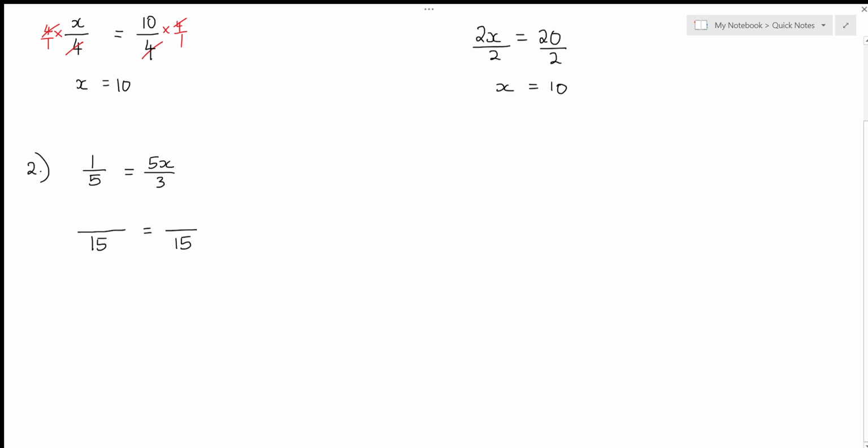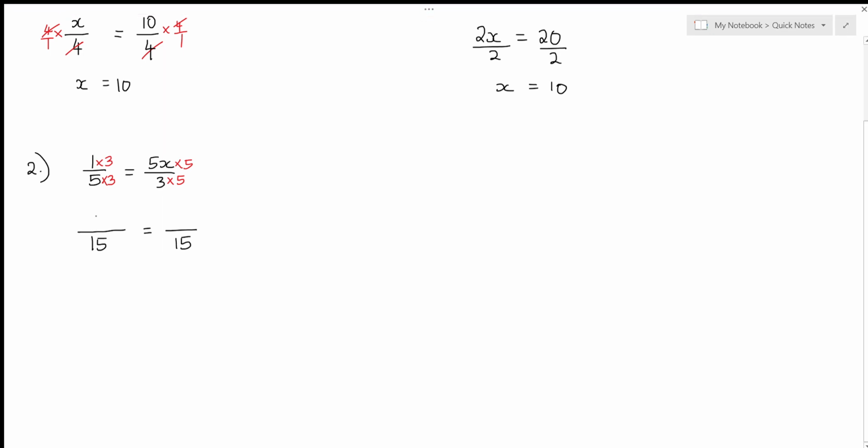So we're going to say 5 times what will give me 15: times 3. Whatever you do to your denominator, you need to do to your numerator, and that is multiplied by 3 as well. Then you've got 3 times what will give me 15: 3 times 5, so times 5.